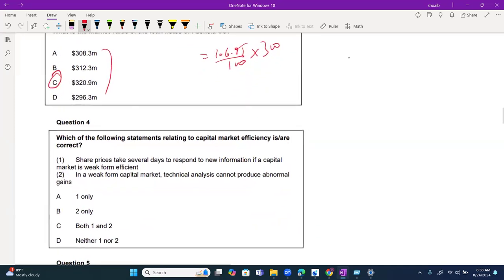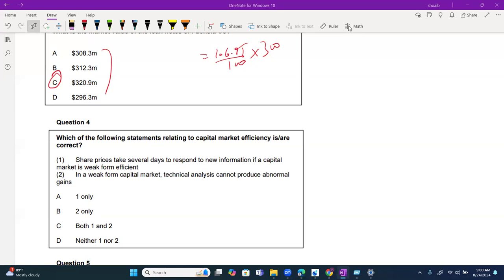Which of the following statements relating to capital market efficiencies are correct? Share price takes several days to respond to new information if a capital market is weak form.